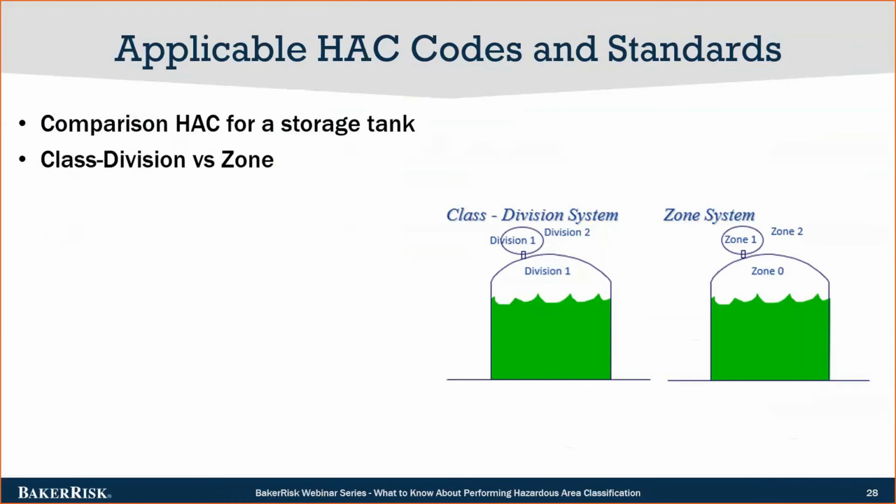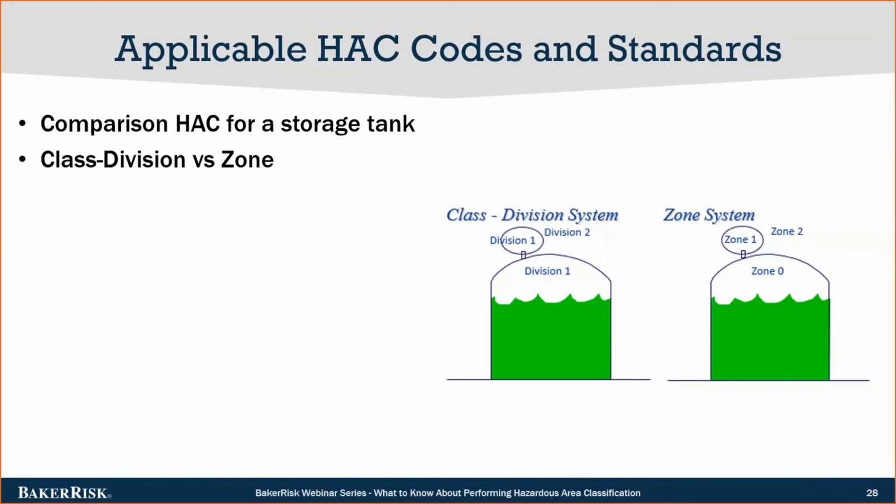On the right, zone 0 is now called that vapor space. Zone 1 is coming out of the vent, and zone 2 is the area adjacent to that. So what you can see in this picture is there is a difference between division 1, zone 0, and in some cases division 1 and zone 1.